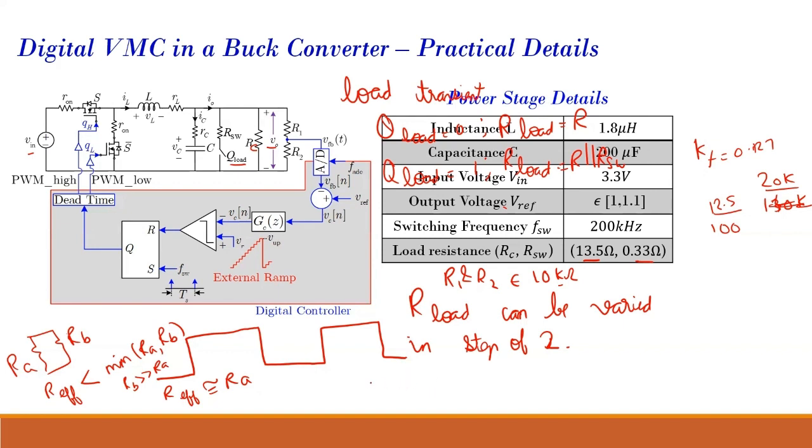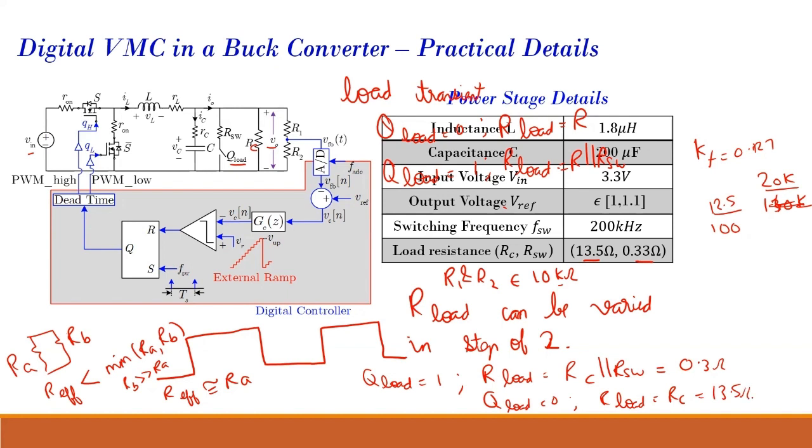See, when Q load is equal to 1, your R load is equal to RC parallel RSW. That will be in the range of 0.3 ohm. When your Q load is equal to 0, your R load is equal to RC, that is equal to 13.5 ohm.